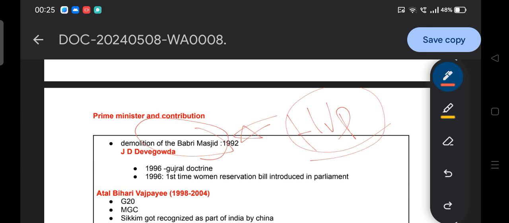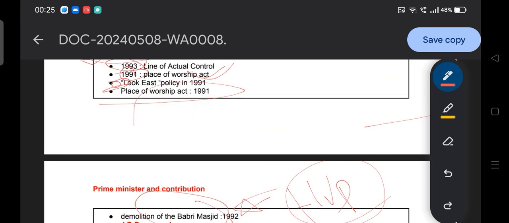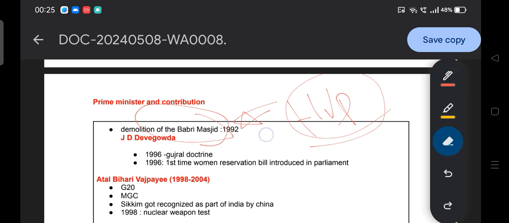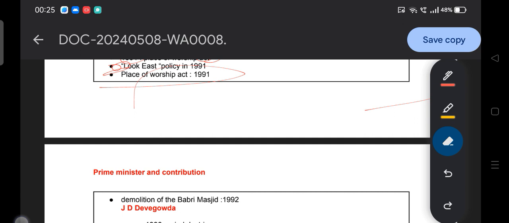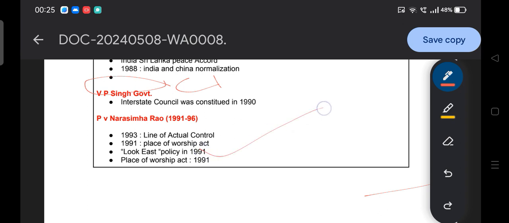They can simply ask under which government era the demolition of the Babri Masjid happened. That is the PV Narasimha Rao government. So this is all about it. This is how they ask questions in your examination from here: the PV Narasimha Rao government, Look East Policy, Places of Worship Act 1991.